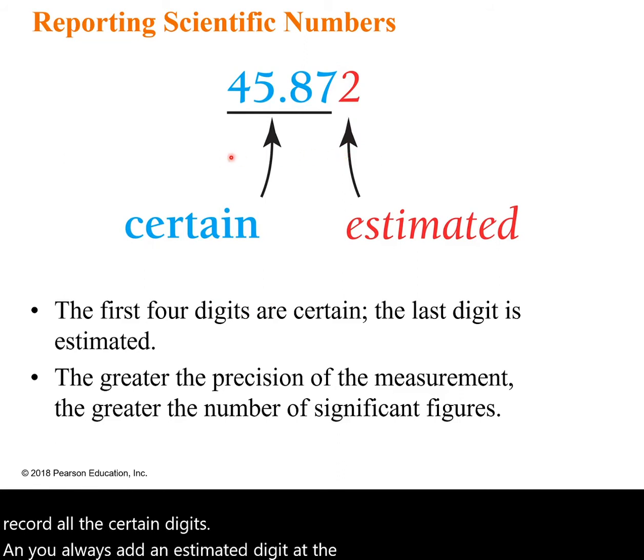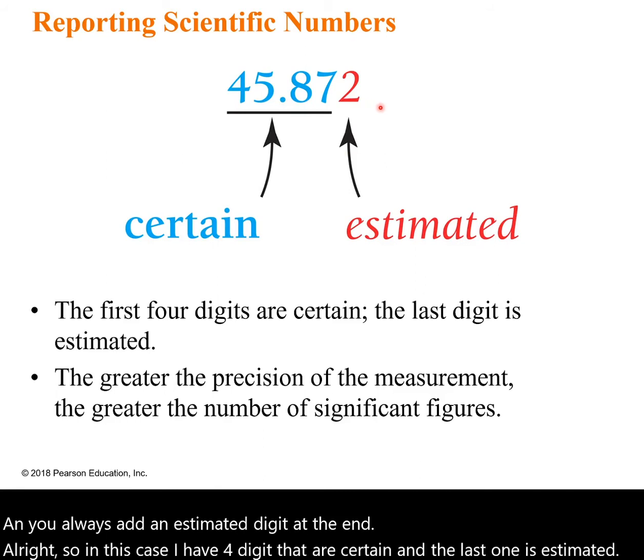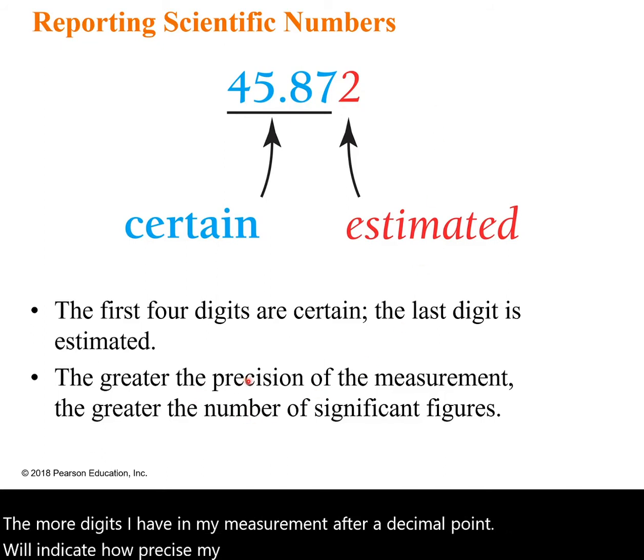In this case, I have 4 digits that are certain and the last one is estimated. The more digits I have in my measurement after a decimal point will indicate how precise my measurement is. Not how accurate, but how precise it is.